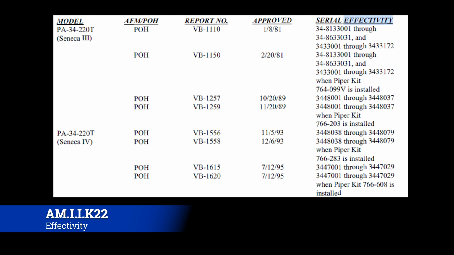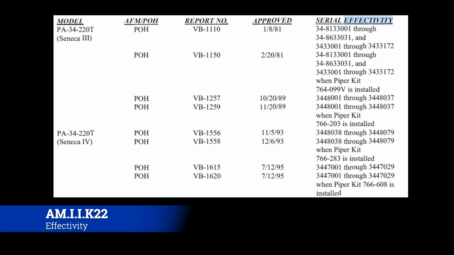The Seneca is no different. This report number that we're looking at goes back to 1981. How many Senecas were produced between 1981 and now, or for the length of time the Seneca was in production, if it's still in production? There are a lot of different changes that happen, both changed by Piper or by Boeing, as well as ADs that come out, or STCs that may be on the plane.